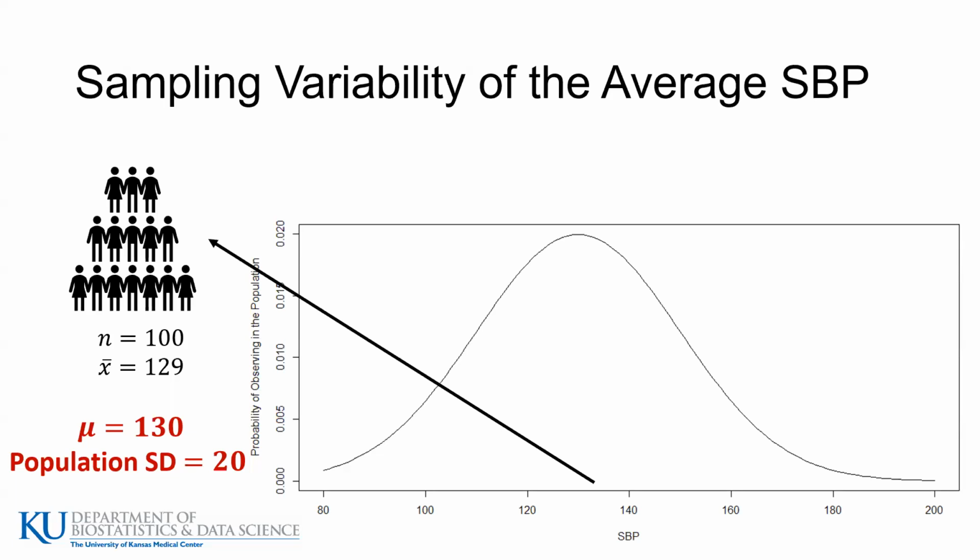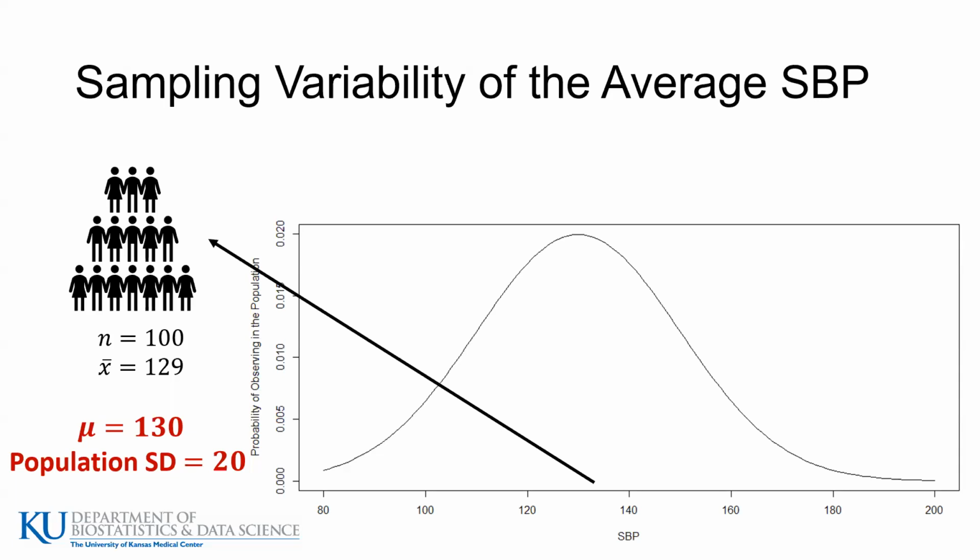So this is the population standard deviation, which is basically the average deviation from the mean of the population. The mean can be visualized by the peak in this curve. So the mean here is 130. And then the standard deviation in a normal distribution can be visualized by where the curve changes from concave to convex.